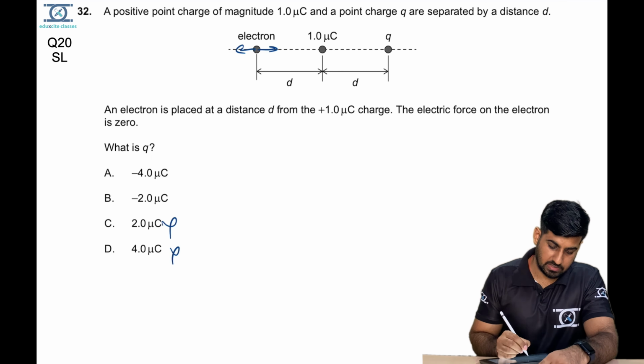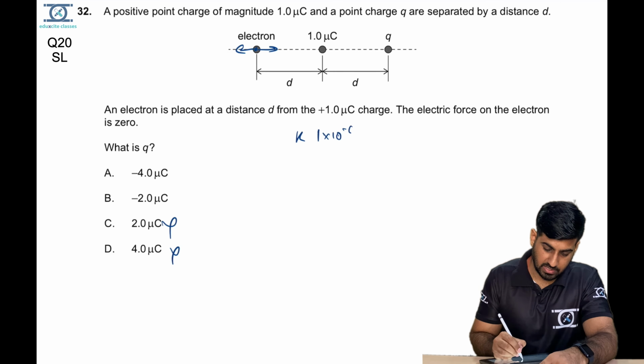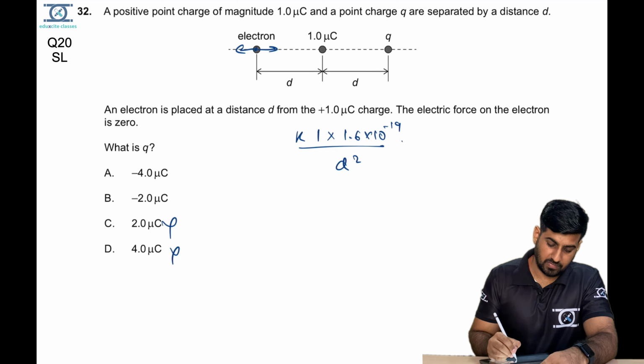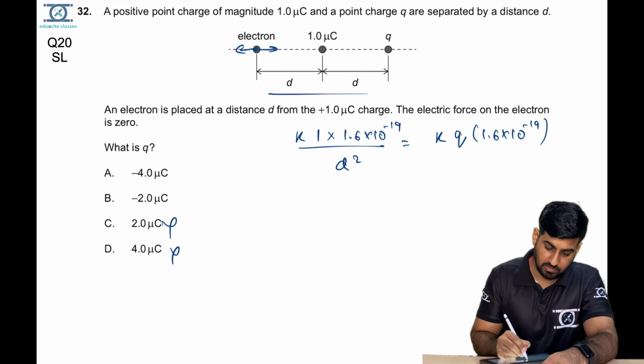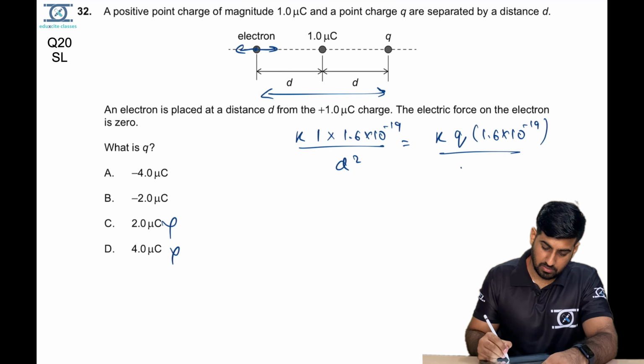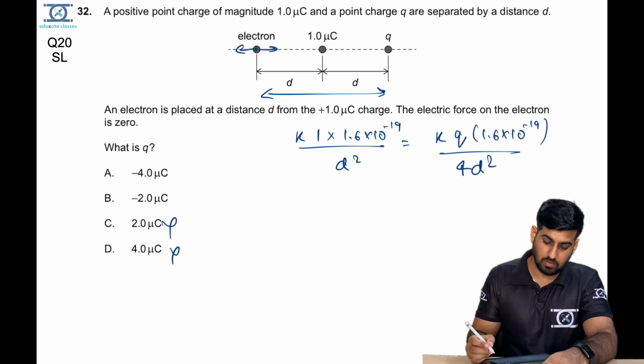Now we have to calculate. At this point I will equate the forces. So K into 1 into 10 raised to power minus 6, into the electron charge 1.6 into 10 raised to power minus 19, upon d squared, will be equal to K into Q into 1.6 into 10 raised to power minus 19, and the distance will be 2d, that is (2d) whole squared, 4d squared.